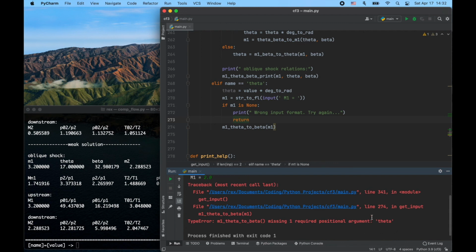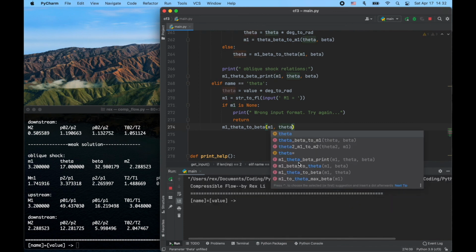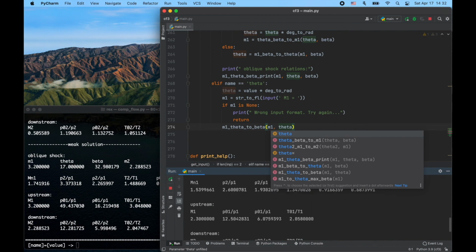Try again. Theta is 17 degrees. Mach number is 2.3. It should give us two solutions. One is a strong solution. Everything seems to be all right. The other is a weak solution.